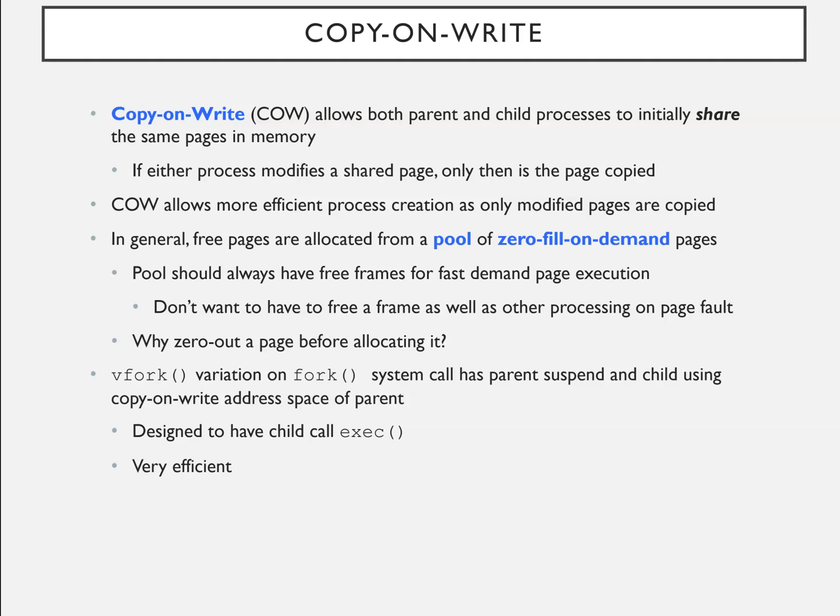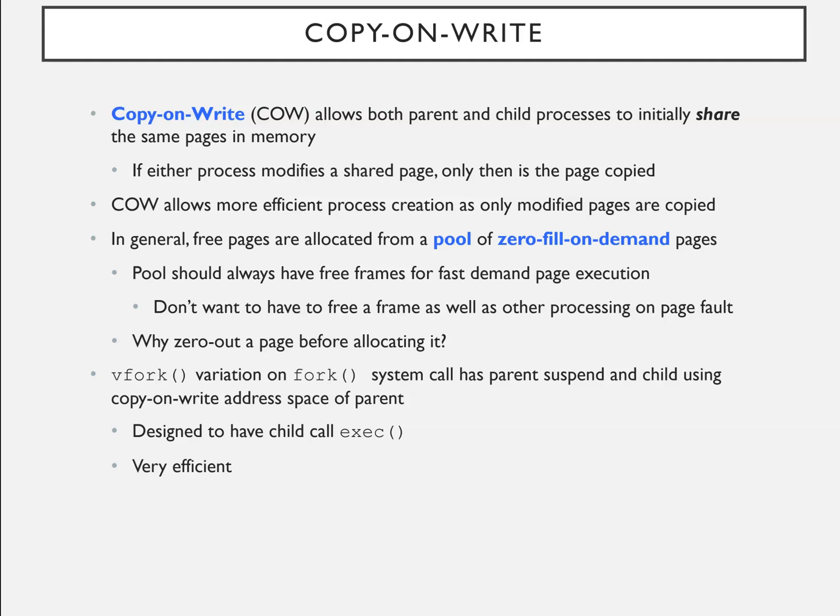Why do we want to zero out a page before allocating it? Because if we don't, we could end up with garbage in there, and it might be possible to walk off the end of the process and do some bad stuff. vfork is a variation on fork in Linux, and has the parent suspend and the child use copy on write.